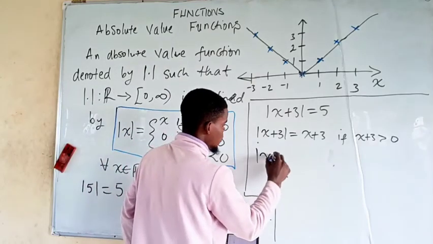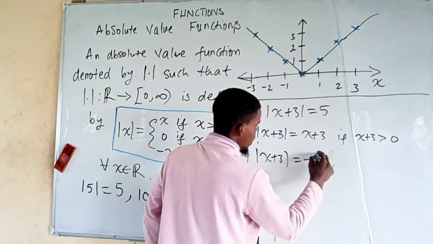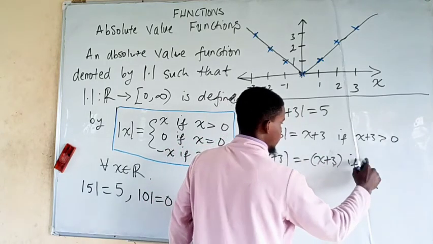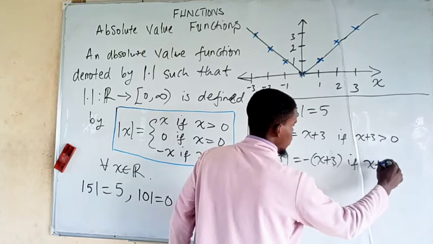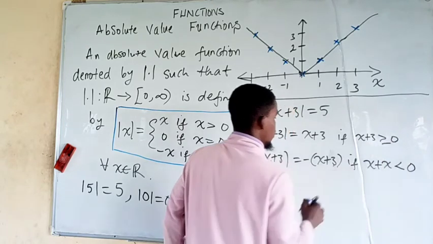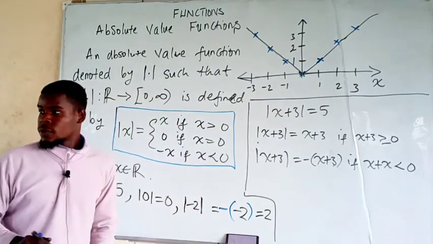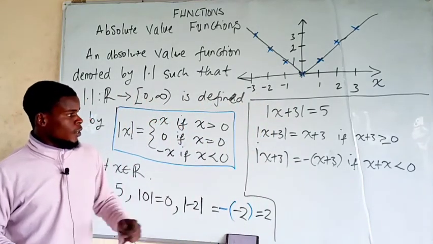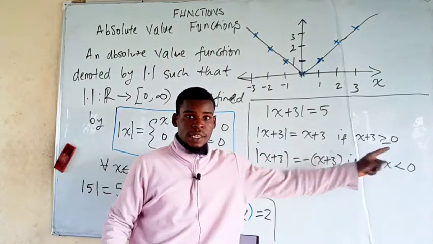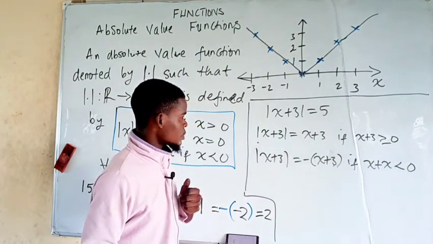So, absolute value of x plus 3 will be negative of that x plus 3 if that x plus 3 is less than 0. Right, good. Okay, let's see what we've got. We've got that the absolute value of something is going to be that thing if that thing is either greater than 0 or equal to 0.